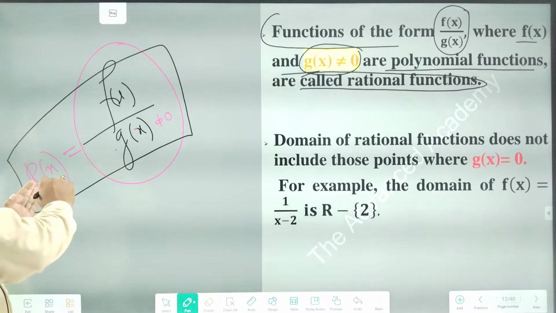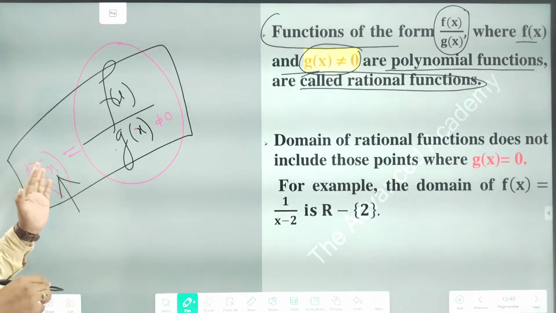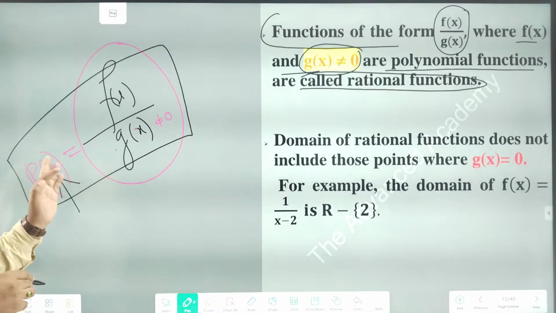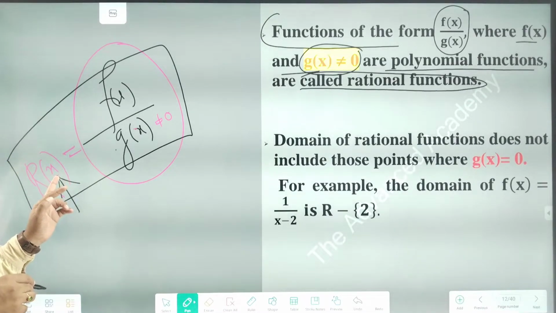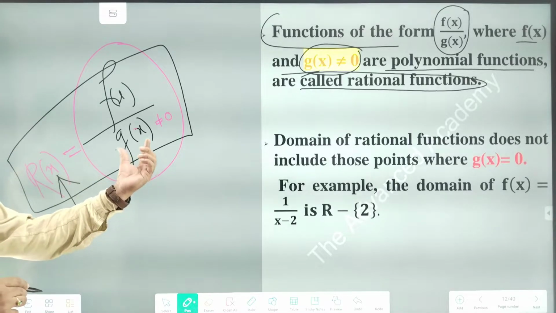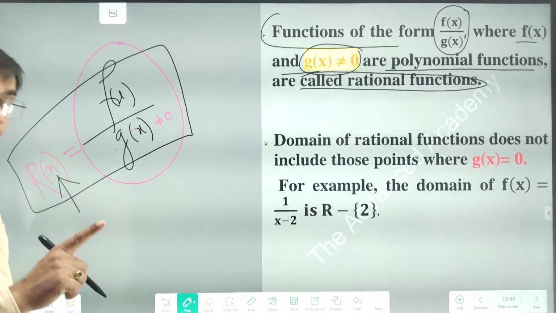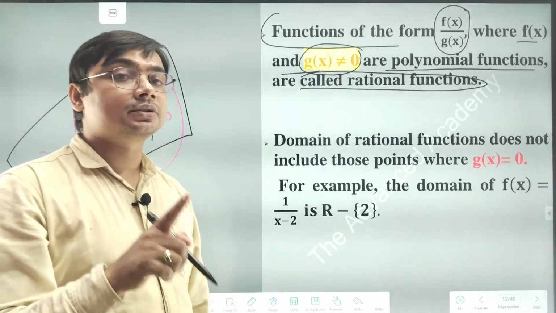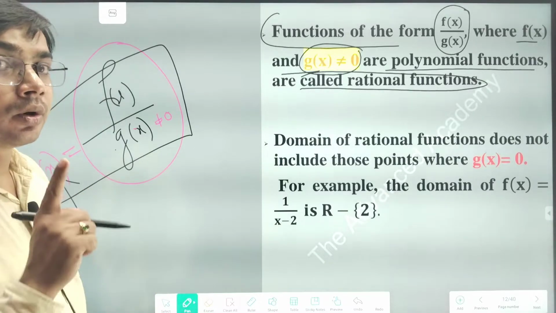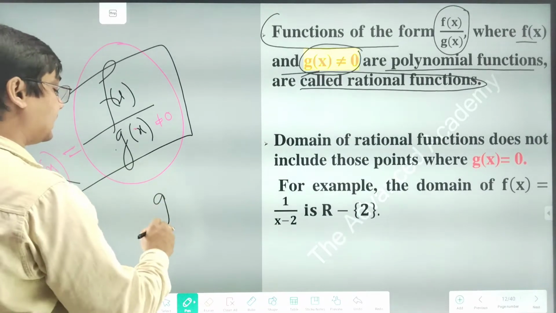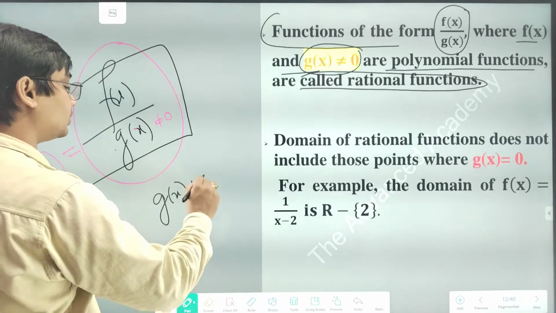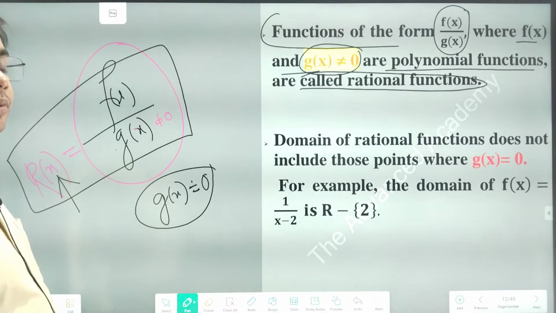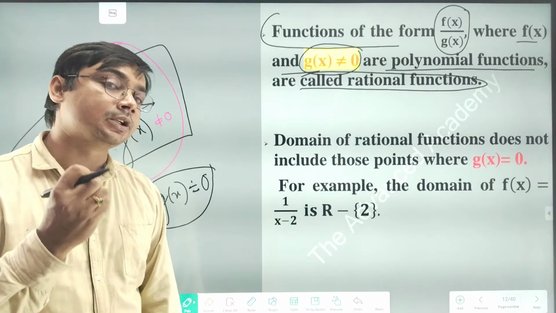The domain of this function is the set of all the possible values of x except those at which the value of g of x is 0. That means the domain of any rational function does not include all those points whose g of x is equal to 0, जहाँ g of x का वैल्यू 0 होता है वो पॉइंट को डोमेन में इंक्लूड नहीं करता है.